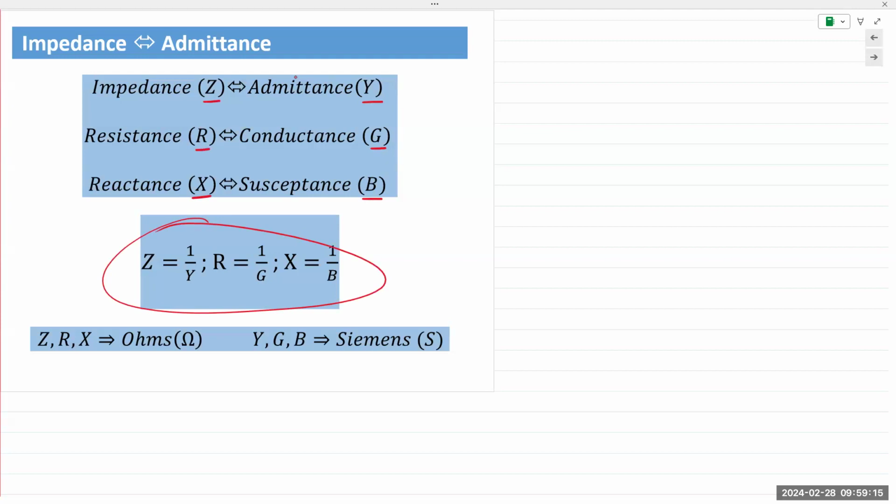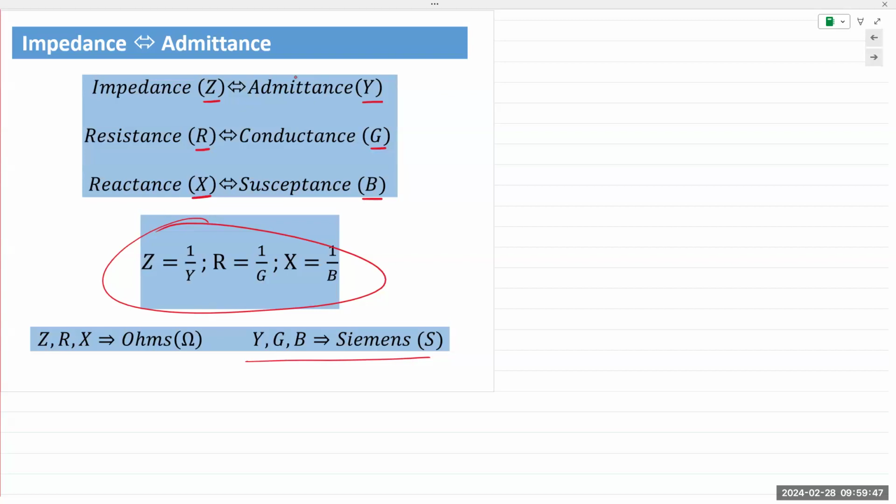The units for Z, R, and X are all in ohms. The unit for admittance, conductance, and susceptance is the siemens, named after the German physicist Siemens. At least I think he was German. Yeah, German. I've also seen mhos, which is simply the reverse order of ohms.